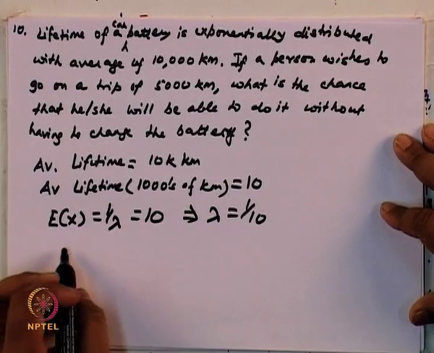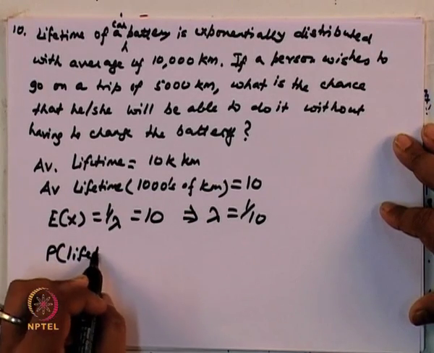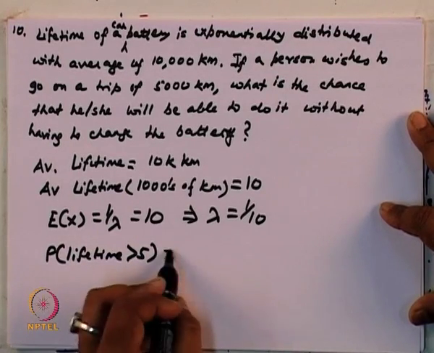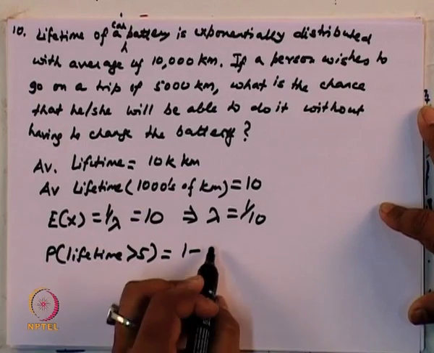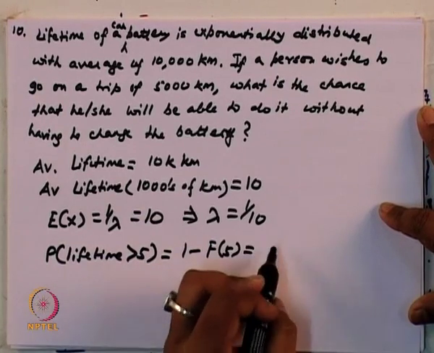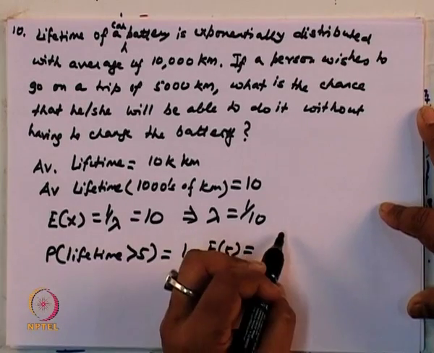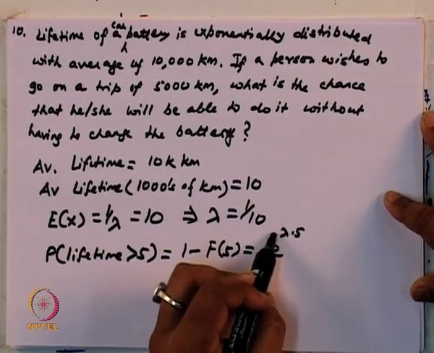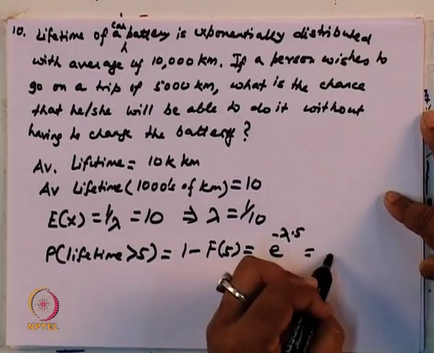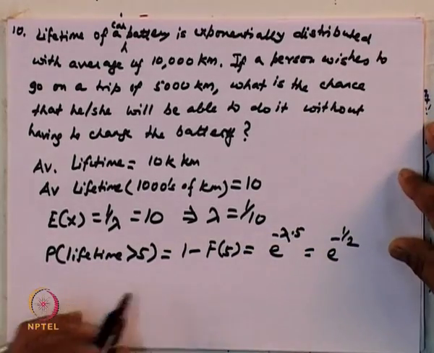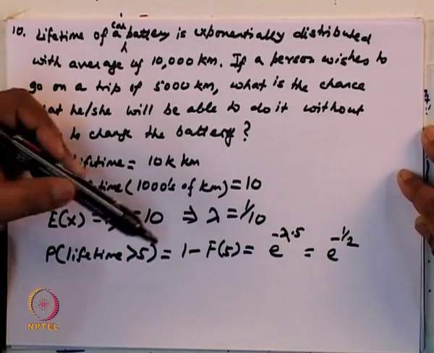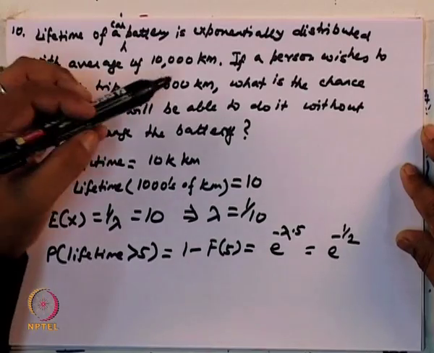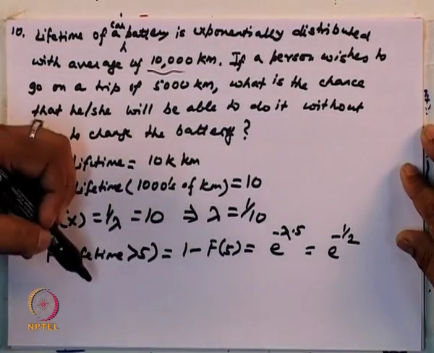I want to calculate the probability of lifetime greater than 5, which is nothing but 1 minus F(5), equal to e to the power minus lambda times 5, equal to e to the power minus half. So, you see that this does not depend on how long the battery lasted before, but only depends on the average, and using that you can calculate the probability.